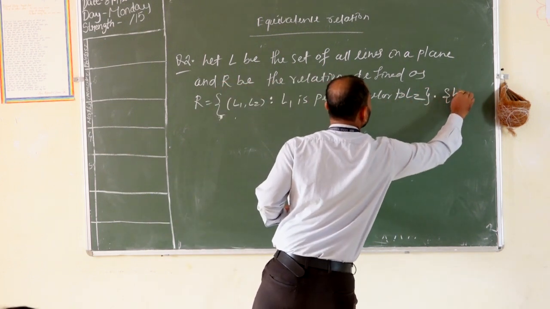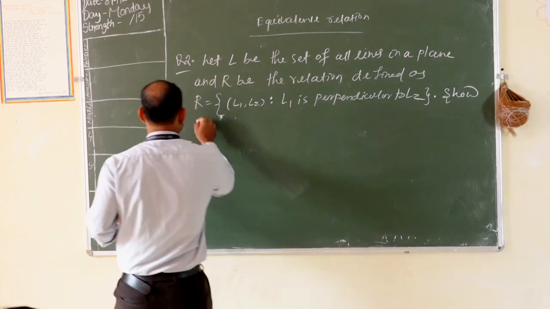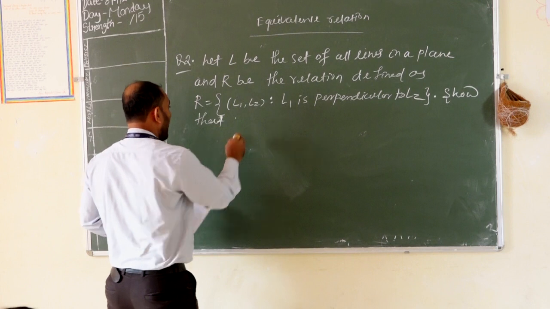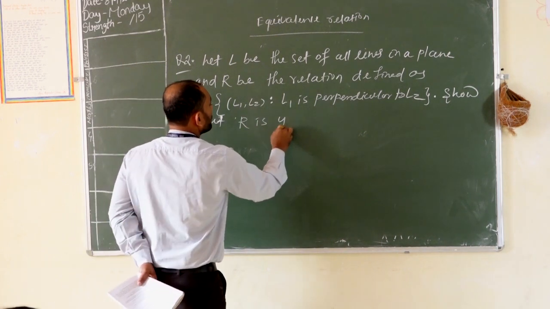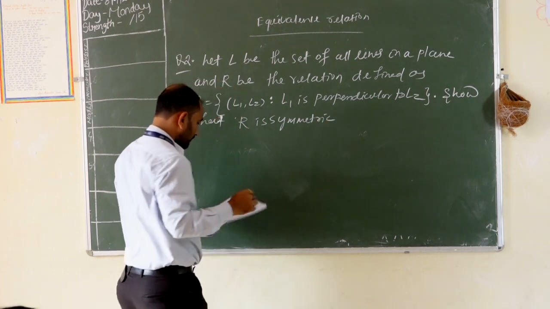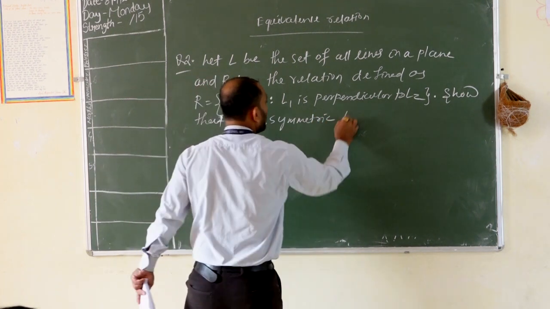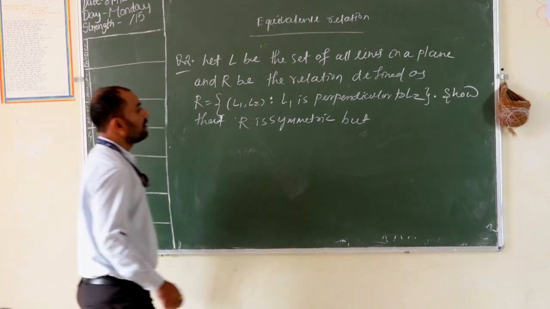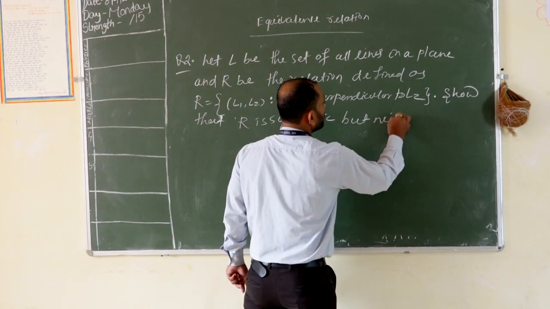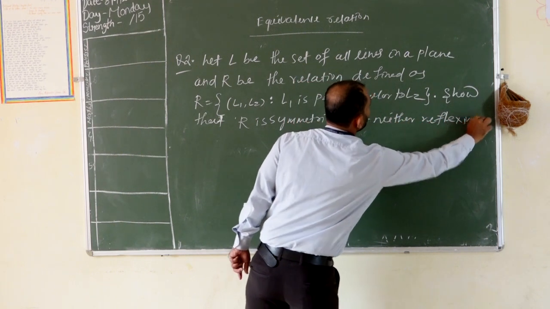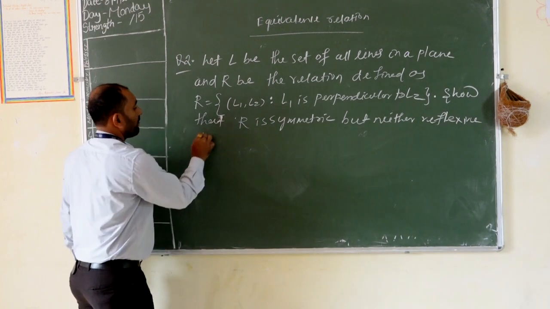Show that R is symmetric but neither reflexive nor transitive.